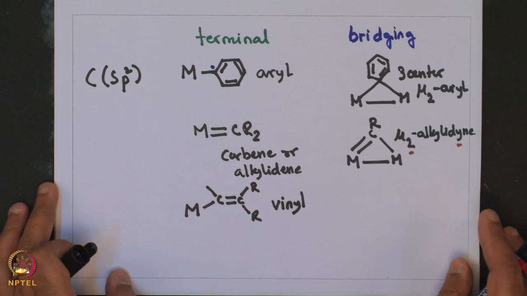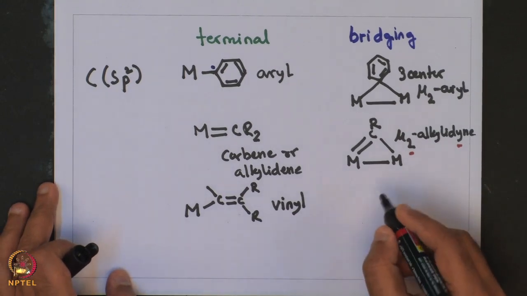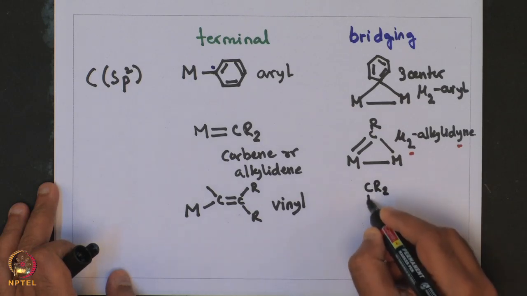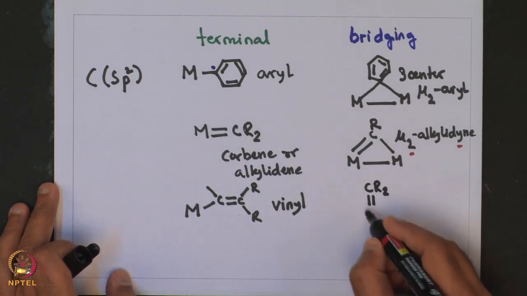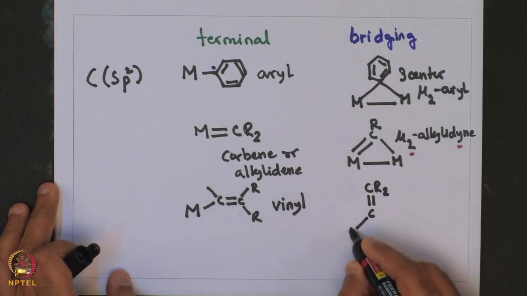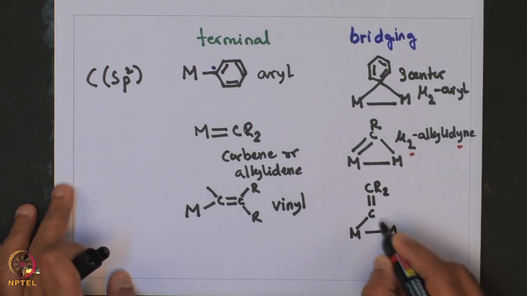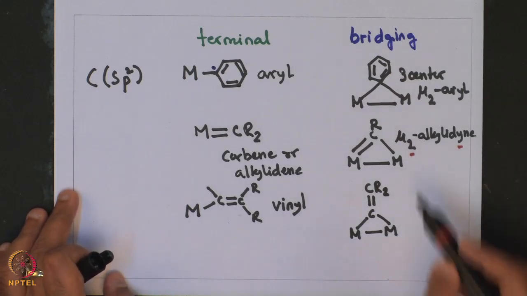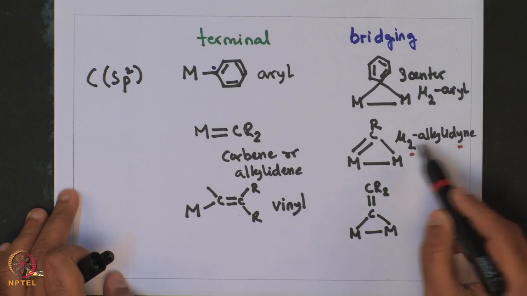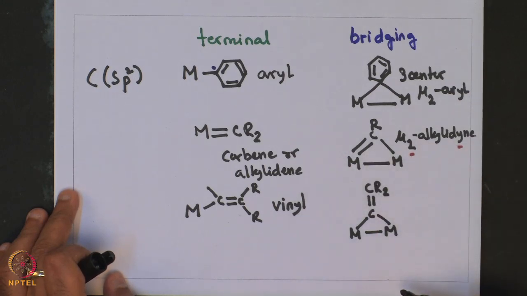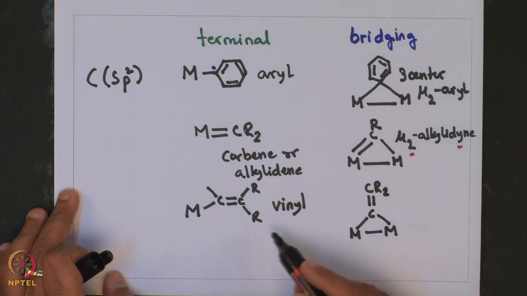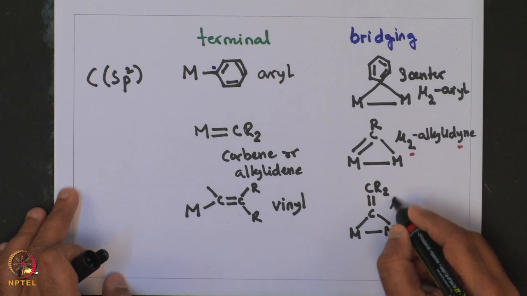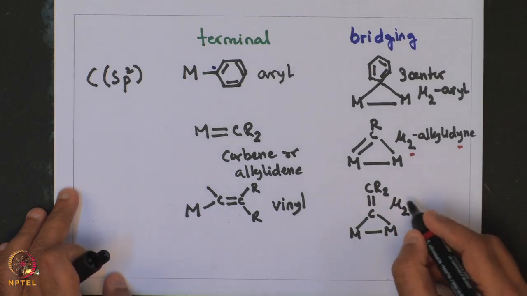Likewise, there is a mode which also shows a bridging binding, bridging vinyl binding. Now, based on the previous way of naming these bridging modes, a bridging vinyl thus would be written as mu 2 vinylidene.